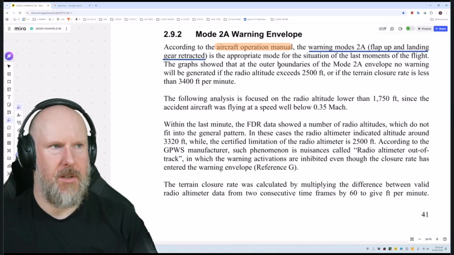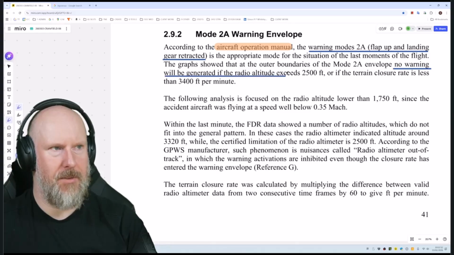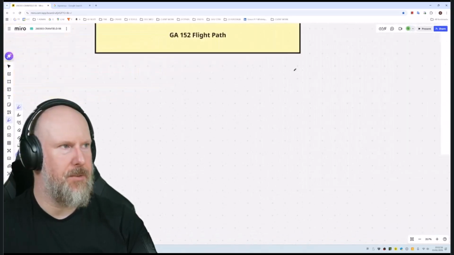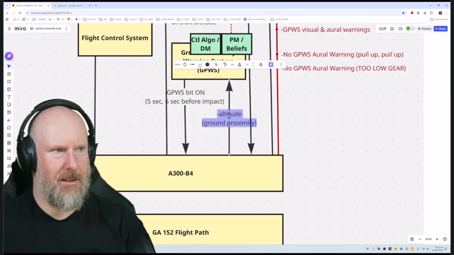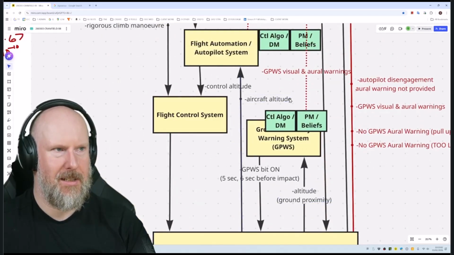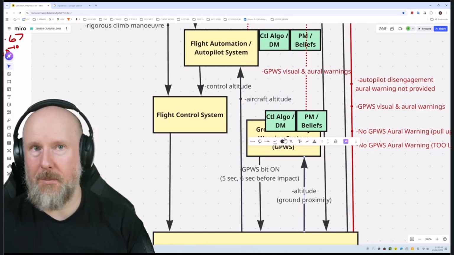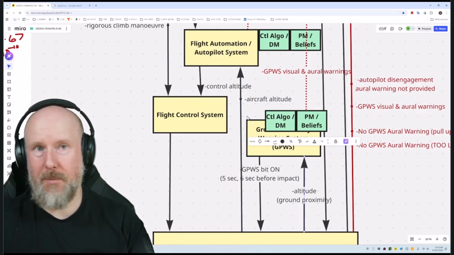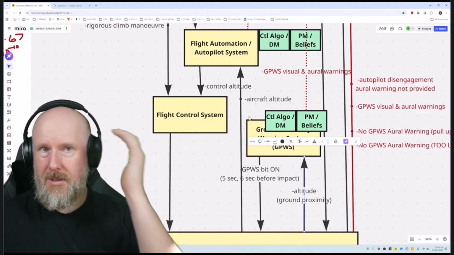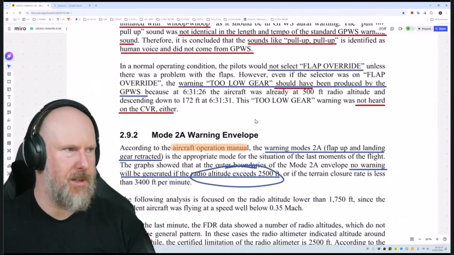The graphs showed that at the outer boundaries of the Mode 2A envelope, no warning will be generated if the radio altitude exceeds 2,500 feet. So if we've got a radio altitude there, on that bit of feedback and this bit of feedback here, they could be the same feedback paths, they could be shared, or they could be independent, maybe from different sides of the aircraft, I don't know. It does say radio altitude though, doesn't it?